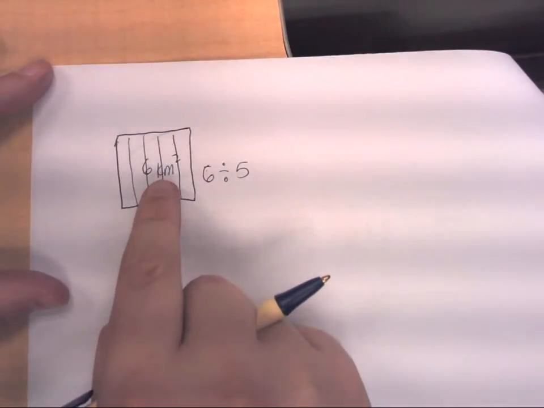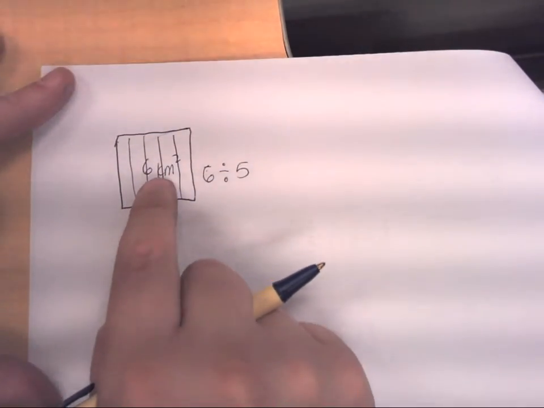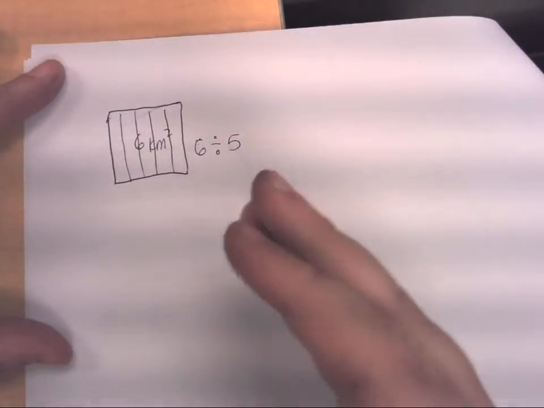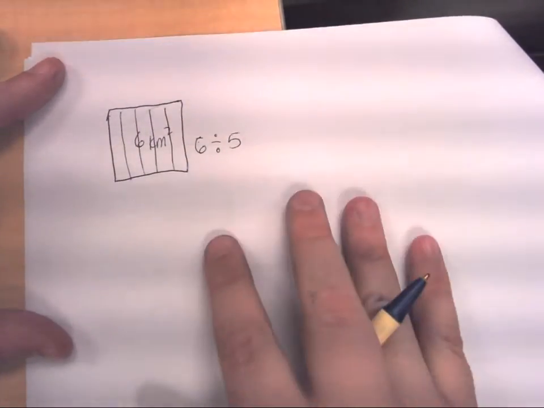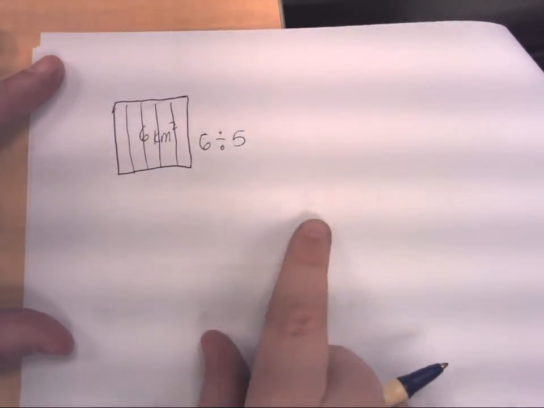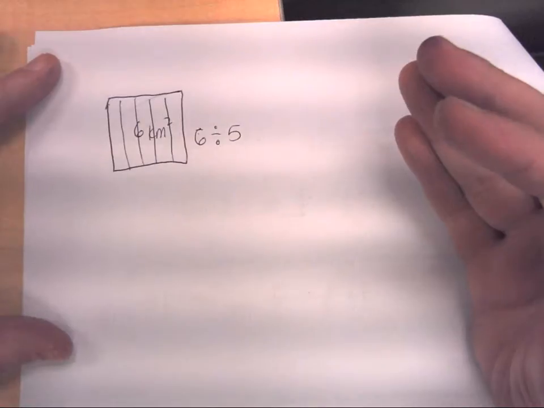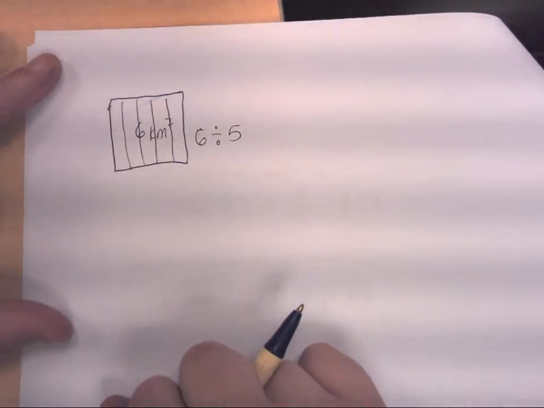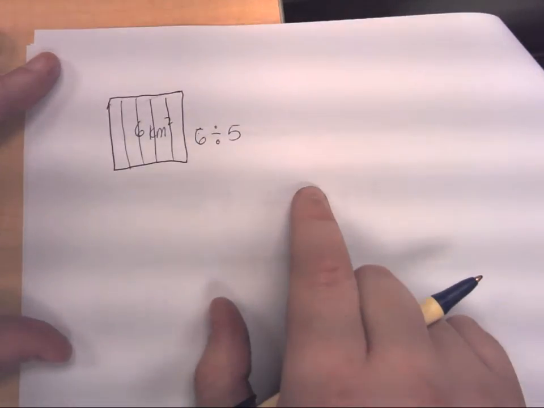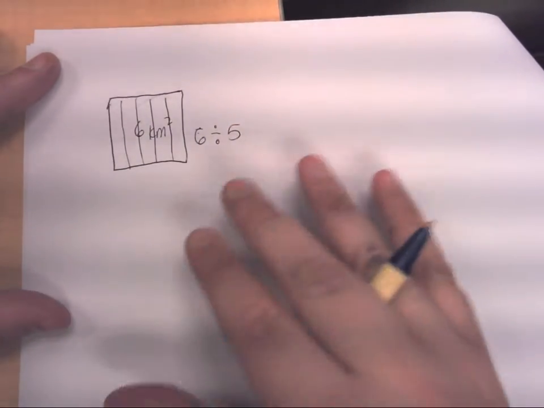But this was confusing because students would have naturally thought, I need 6 of these rectangles divided into 5 pieces each. So the idea of representing a whole with a number other than 1 is an abstract kind of thing that students are going to be working on this year.